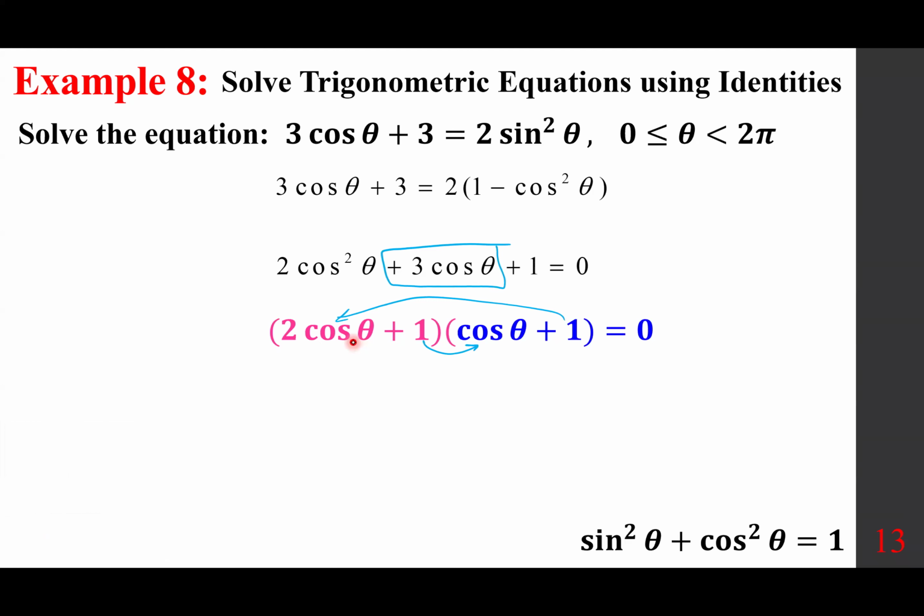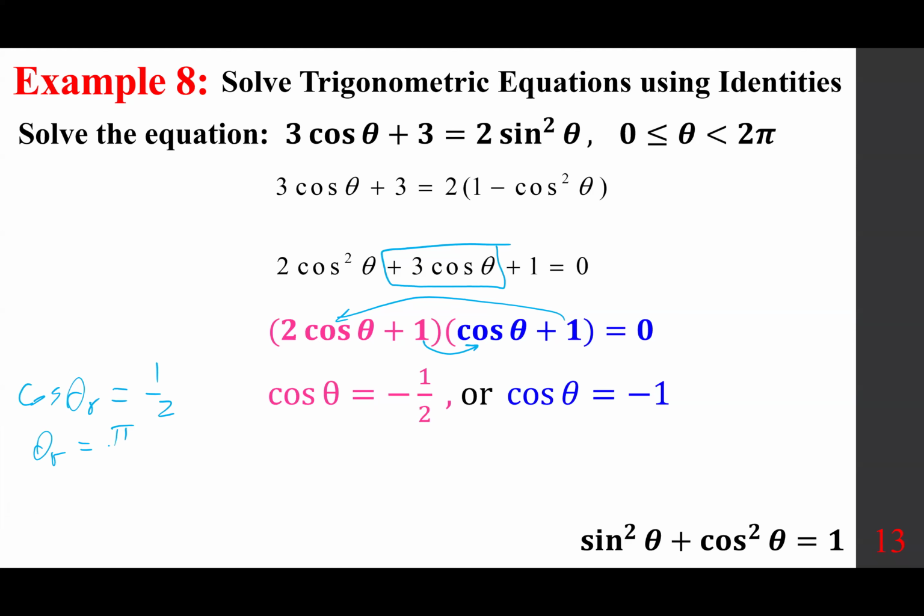So cosine theta is negative 1/2, or cosine theta equals negative 1. And as you recall, we did cosine theta equals negative 1/2 already. The answers are 2 pi over 3 and 4 pi over 3. And again, I quickly remind you how we did that. We said the cosine of the reference arc is positive 1/2, the reference arc is pi over 3.